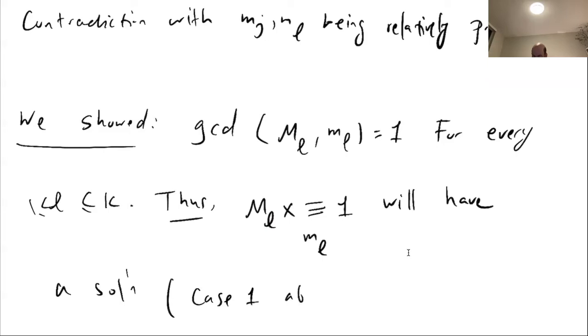Remember, we talked about the solution of a congruence. When do we say that a congruence AX equals B mod M has a solution? If the GCD of A and M is 1. Right now, my A is capital ML, my M is ML, and the GCD of these two numbers is 1, so it will have a solution.